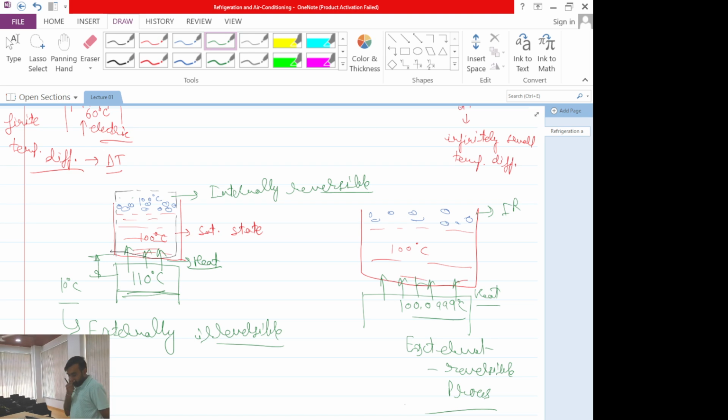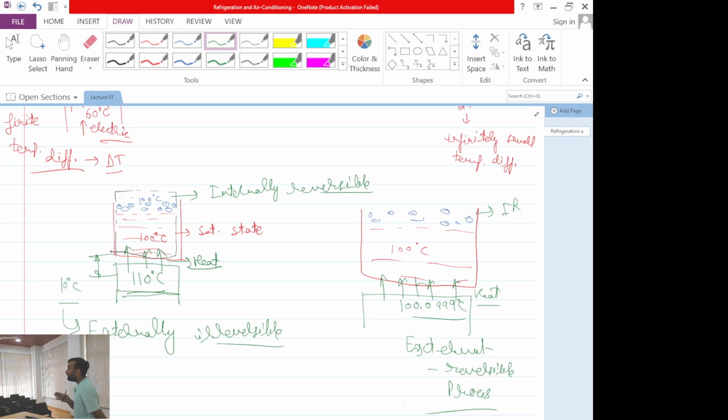This type of terminology is very important to understand, because whenever we will be talking about different types of heat engine and heat pump or refrigerator cycles, we will find that we will say some cycles are totally reversible. Totally reversible cycles are not practical, but these act as a benchmark.